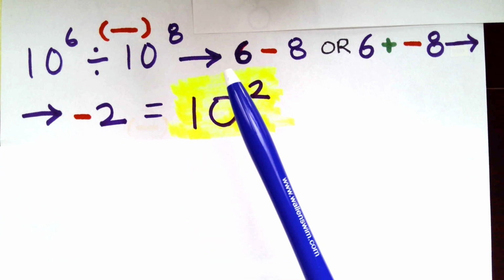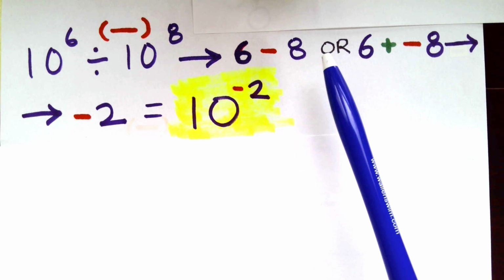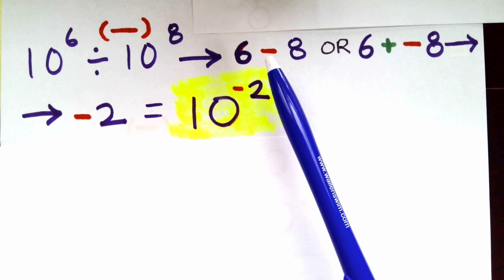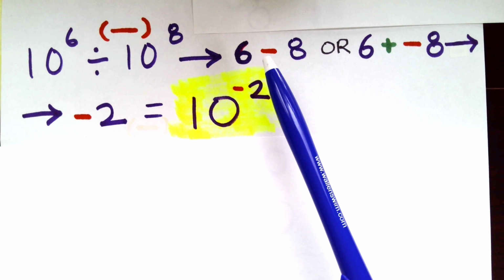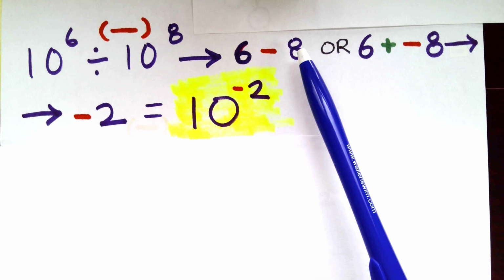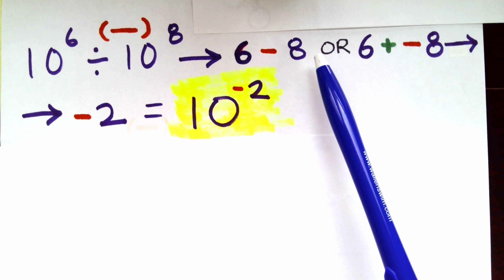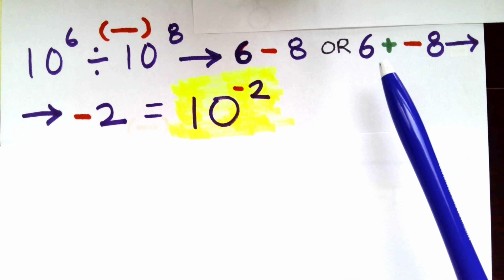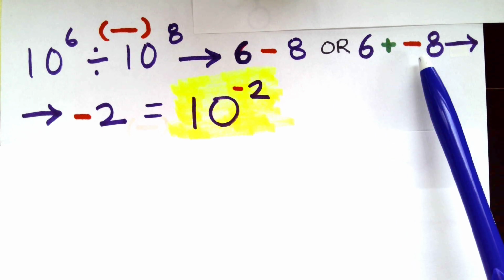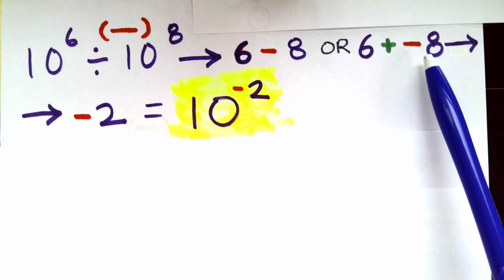There are two ways you can write that. Just 6 minus 8, or you can put a plus sign between those two terms. That subtraction symbol for most people is really a negative that goes with the 8, turning that positive 8 into a negative 8. So 6 plus a negative 8. Now you're adding a positive number and a negative number.